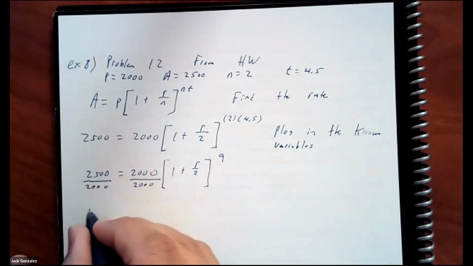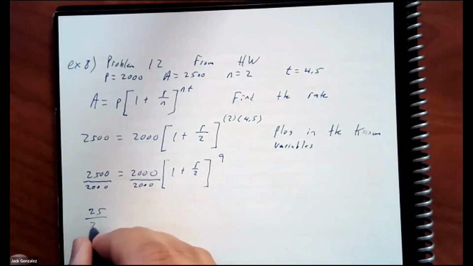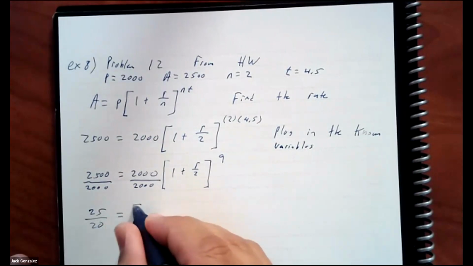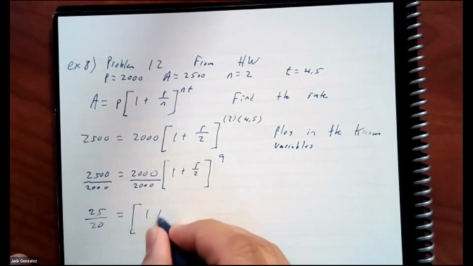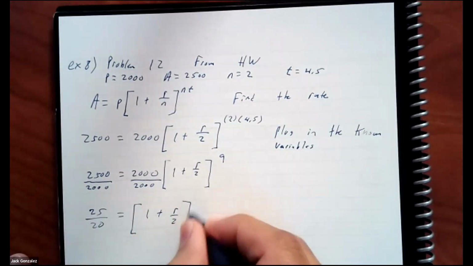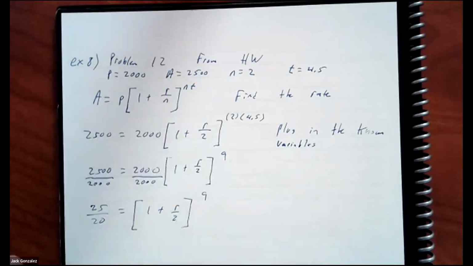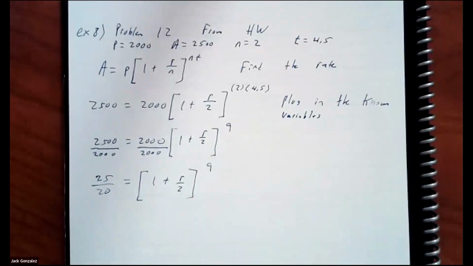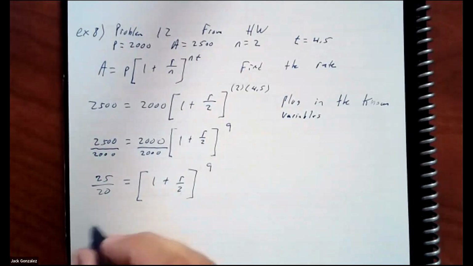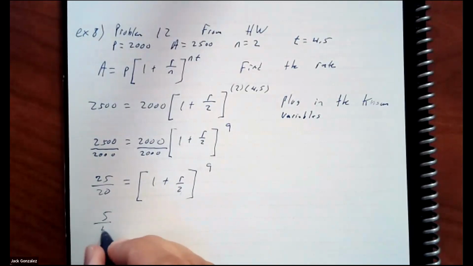So these zeros will cancel, leaving me with 25 over 20 equal to this weird thing to the 9 power. What's 25 over 20? I believe it's 5 over 4. Yeah, that's 5 over 4.